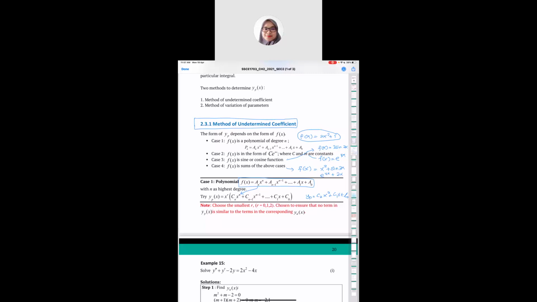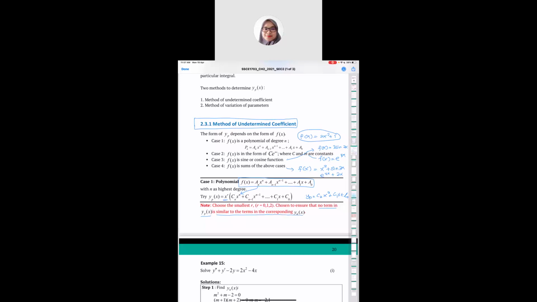Kalau you tengok kat sini, dia ada x power of r. Apa maksud ia? Choose the smallest r. Maksudnya kita guna r sama dengan kosong dulu, chosen to ensure that no term in YP is similar to the term in the corresponding YH. Nanti kita bincang macam mana.